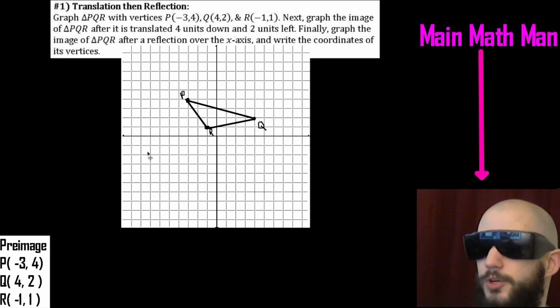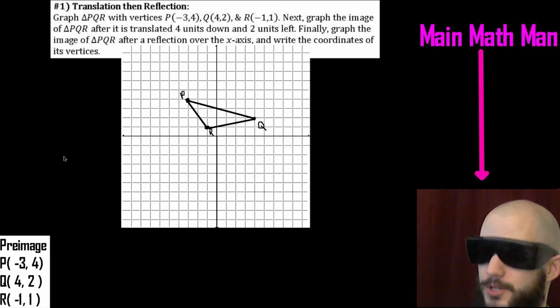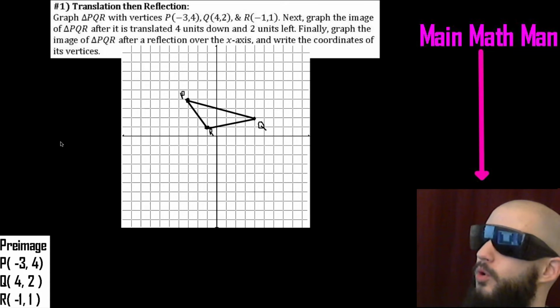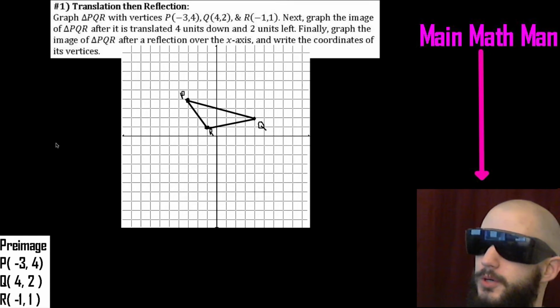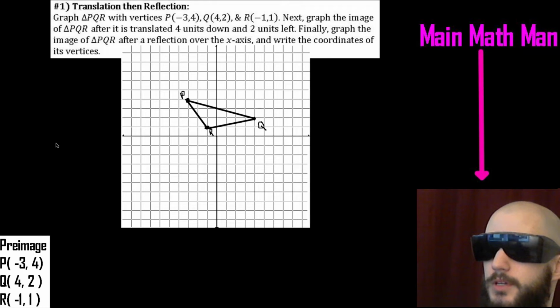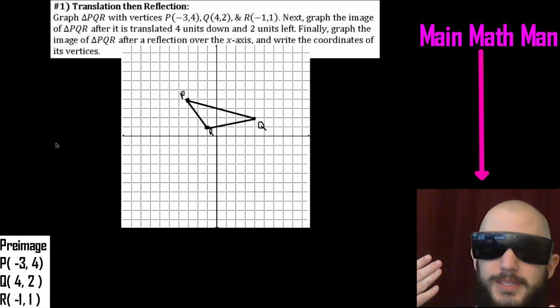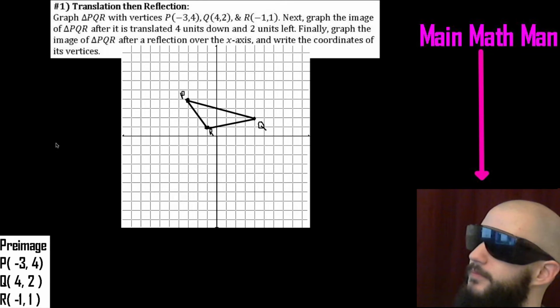Again, make sure your graph is exactly how it should be, otherwise the whole thing is going to mess up and you're going to have to start fresh. What I suggest is you use pencil first and then go back over it with color. That way it's a lot easier to tell the difference between each of those. Some of us won't be able to see it, so you have to be very careful.